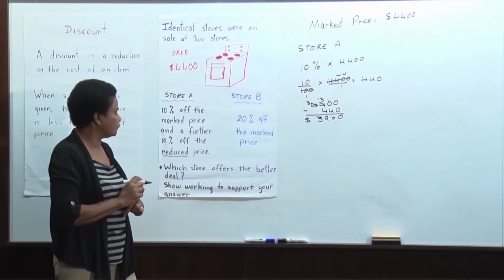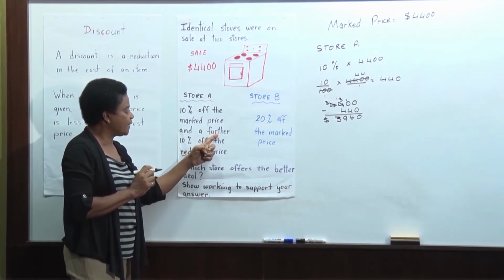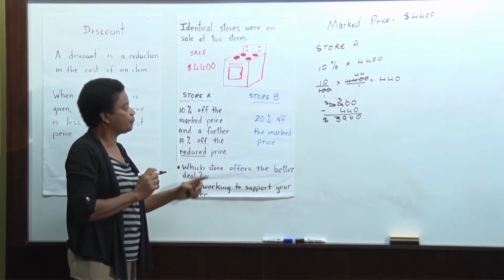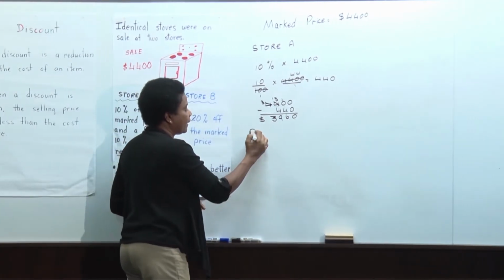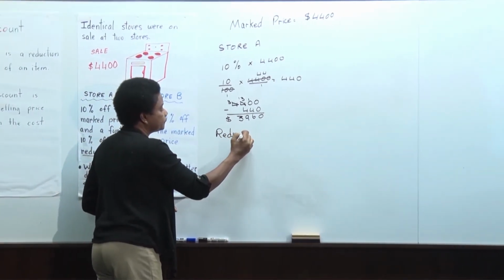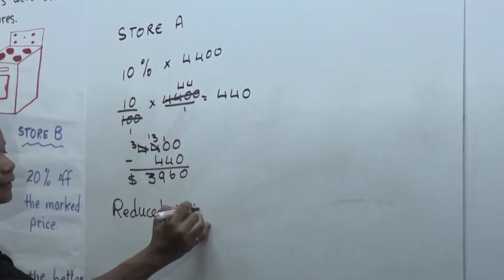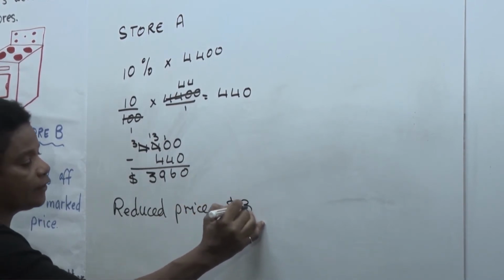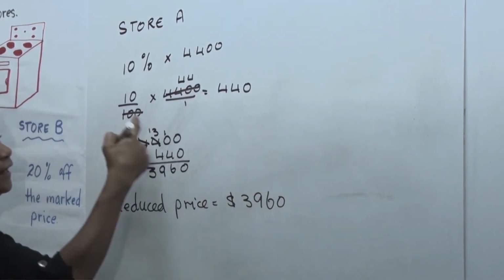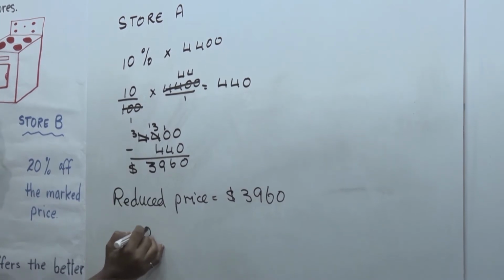But that's not all. We now have to take a further 10% off the reduced price. So our reduced price is now $3,960. So we need to take 10% off that.